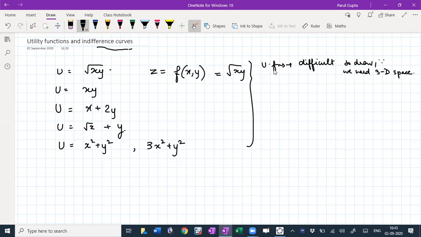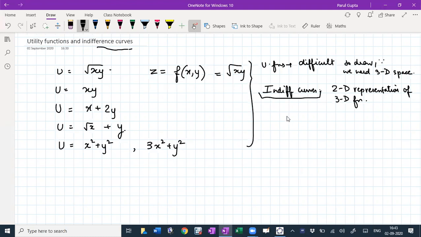So instead of utility functions, we will use indifference curves as a 2-dimensional representation of a 3-dimensional function. That means we'll use the utility function that is given to us, but instead of drawing it in 3 dimensions, we will draw it in 2 dimensions with the help of indifference curves.